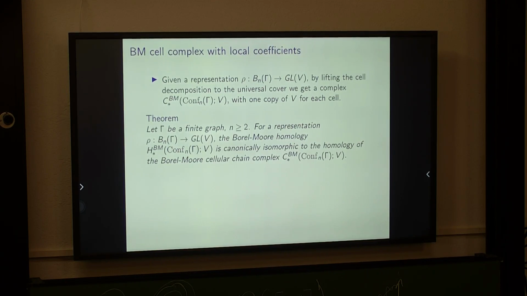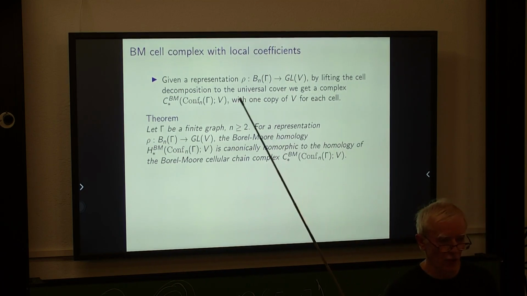Sorry, if you take the one point compactification of conf n, then these cells will become like the actual cells in the one point compactification. I don't think so. But here you should be careful, because the one point compactification is not good for local systems. I see. You cannot expect.